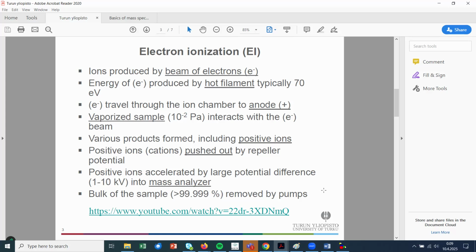So there's no separate fragmentation step like in our example of tandem mass spectrometry, where we have molecular ions that are later on fragmented to small fragments. But in electron ionization, already in the ionization, you get all types of fragments. And sometimes even so much that you don't see much of the original precursor ion anymore.